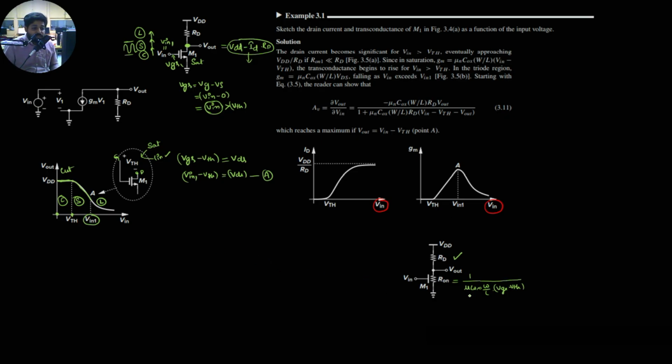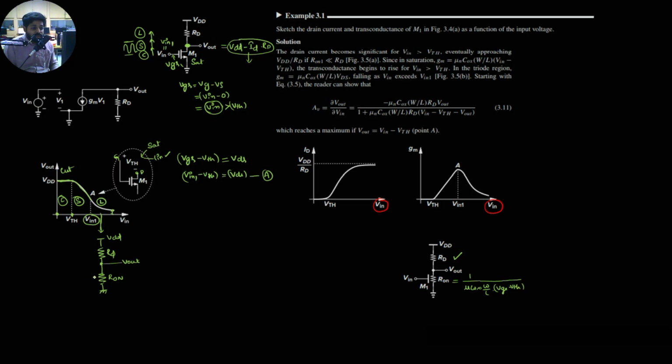Now, with this on resistance, let me draw the equivalent circuit. There will be the RD resistance at the pull up, and there will be R on across the transistor. This is considered as R on. Across this one you can find the output. This is my VDD.